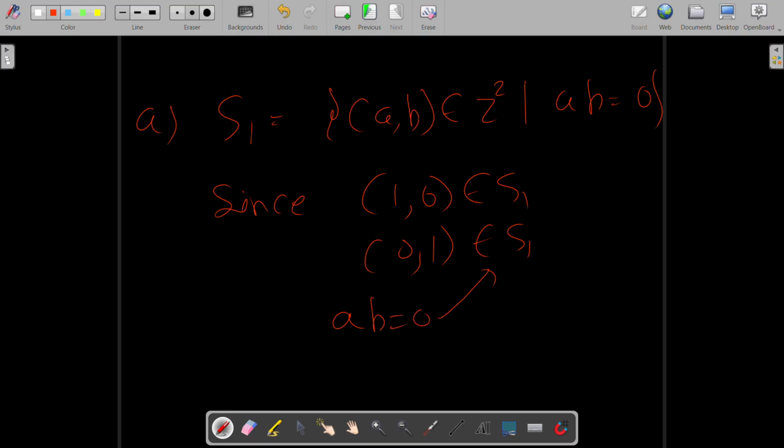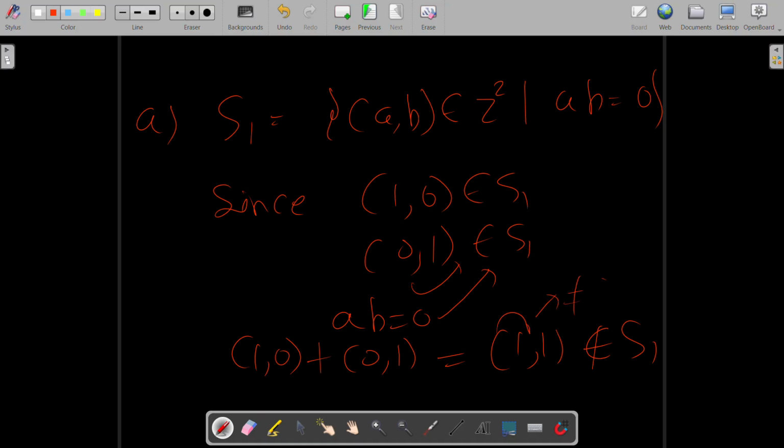But (1, 0) plus (0, 1), with component wise addition as the binary operation, gives (1, 1), which does not belong to S1 because the product of these two is not equal to 0. So the first option will be rejected.